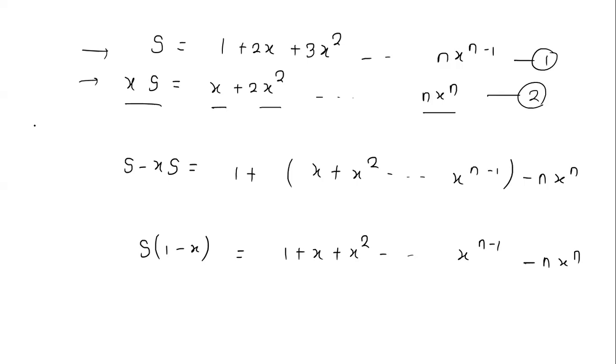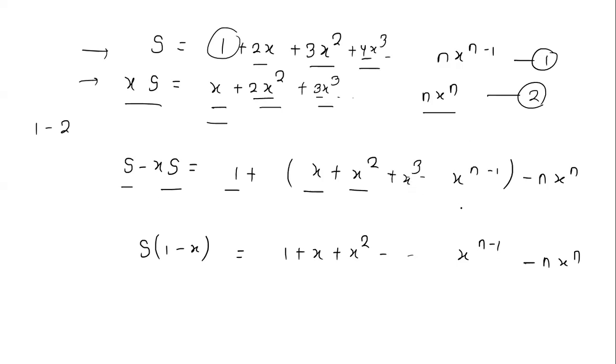Now if you do 1 minus 2, then it becomes S minus x times S, and on the right side this is 1. 2x minus x becomes x, 3x square minus 2x square becomes x square. Similarly, here it is 3x cube and here it is 4x cube, so 4x cube minus 3x cube becomes x cube.